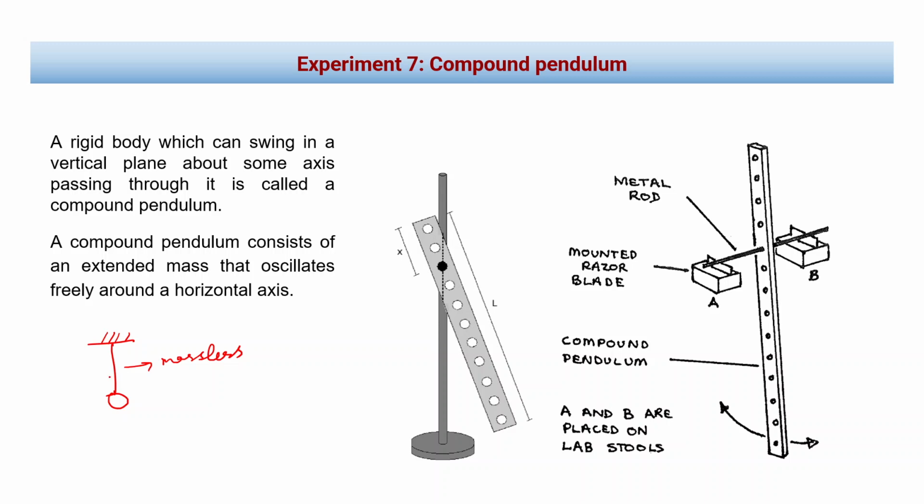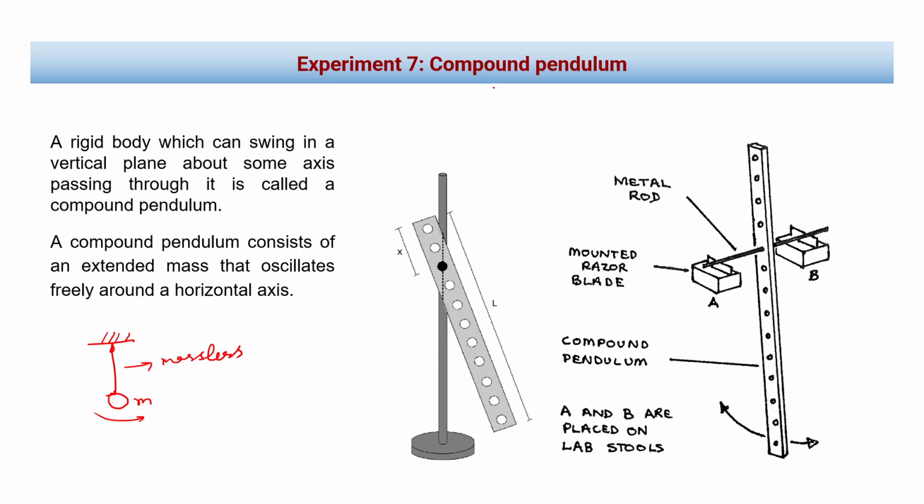If its mass is almost negligible, that means all the mass is at this end of the string, and when the motion is happening, this is the point of suspension, but the mass is only at this end of the pendulum.